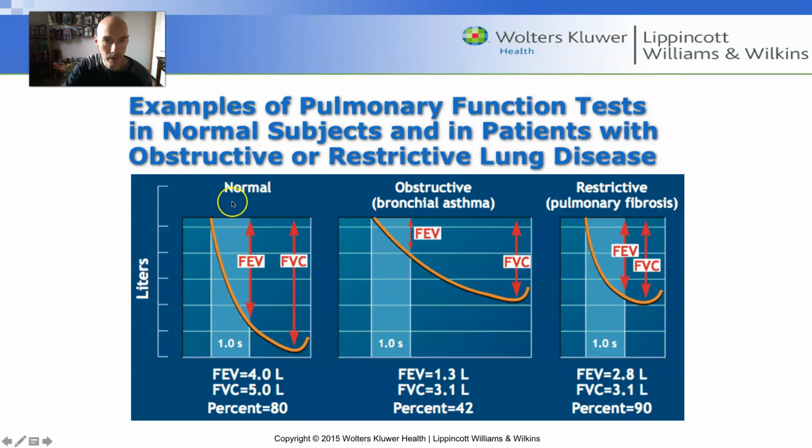So we see here some normal values for an FVC are about 5 liters. If somebody has a disease, either of the two, usually the volume is significantly reduced by about 40%. So we see significant reductions in the amount of air that somebody can expire, either maximally or within that 1 second, and that would indicate that they have some degree of pulmonary disorder.